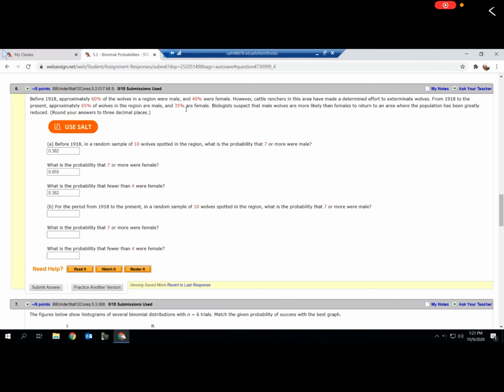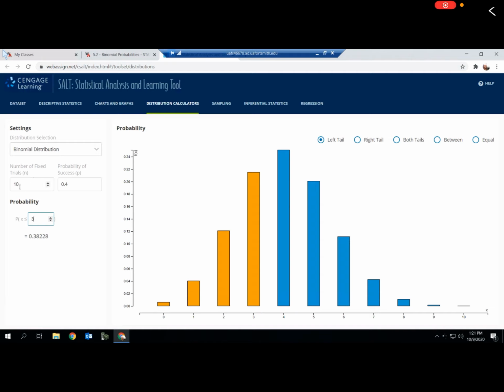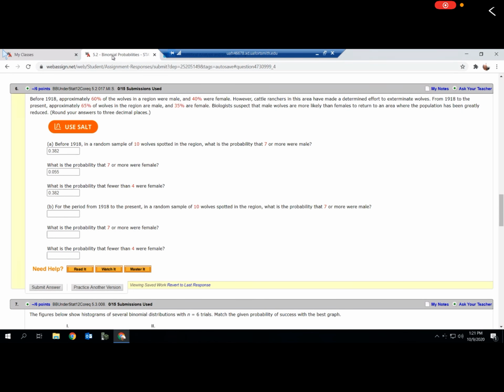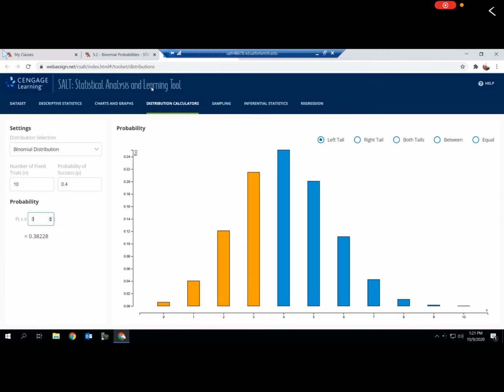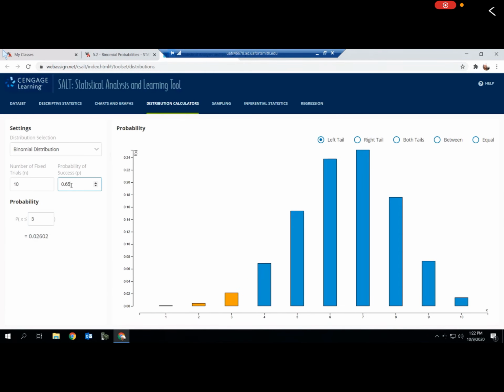So when we go to Salt, we're going to have to change. And now our sample size is still the same. We still want 10 wolves. But now the probability of selecting a male, 7 or more are male. We've got to change this to 0.65.